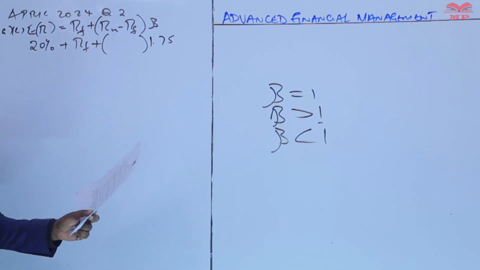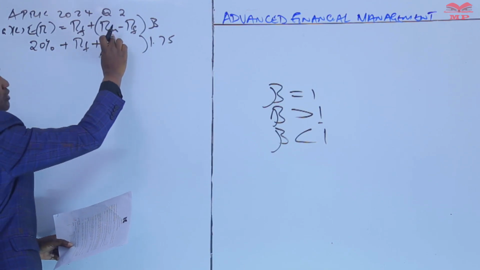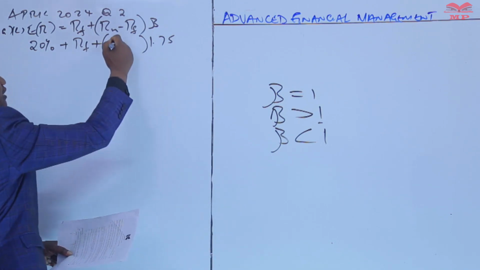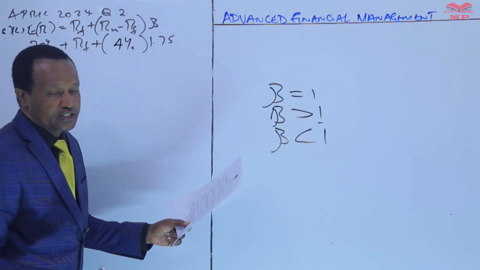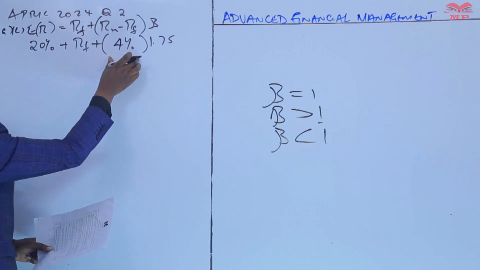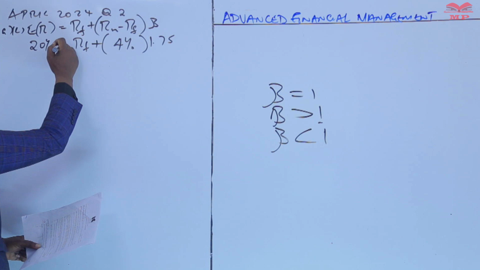Okay. Then what other information do we have? Asset A has a beta of 0.5 and a risk premium. So we have the risk premium: return on the market minus risk-free, that is the risk premium of 4%. That clear? The risk premium, we have it. And therefore, this is equal to 20%.